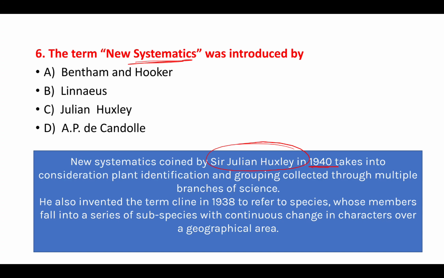And he also coined a term called cline. Cline is nothing else but species. Now we call them as species, but Sir Julian Huxley, to the same term species, he coined cline. So here, coming back to the question, new systematics was introduced by Sir Julian Huxley. So option C is the right answer.